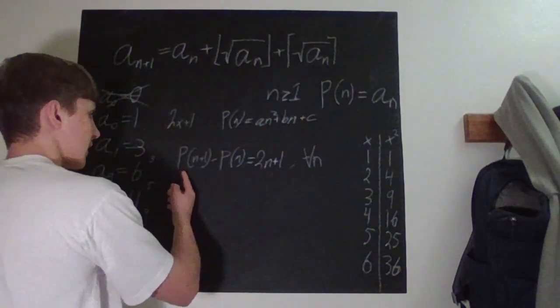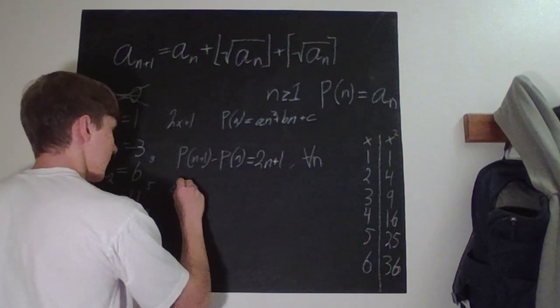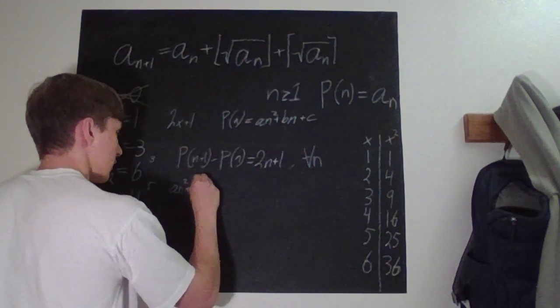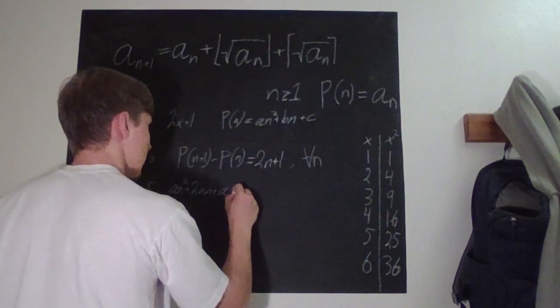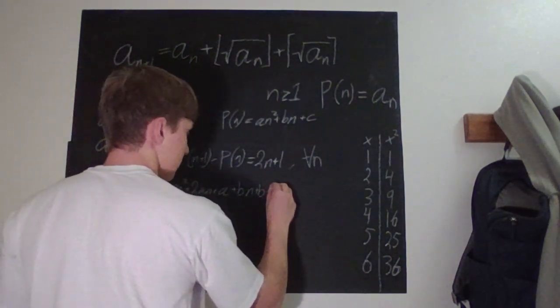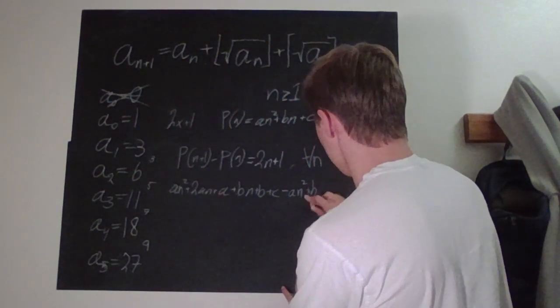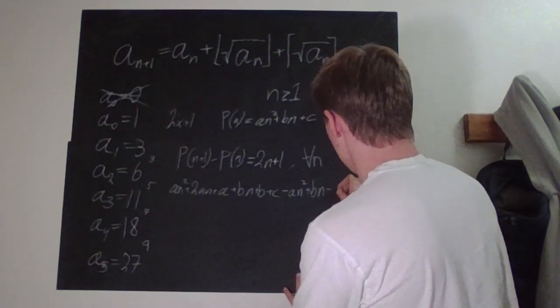So if we plug that in, we get a n squared plus 2an plus a plus bn plus b, plus c, minus a n squared, minus bn, minus c.